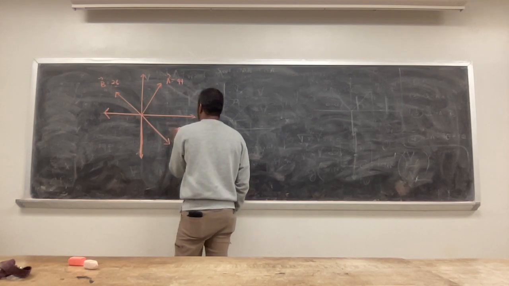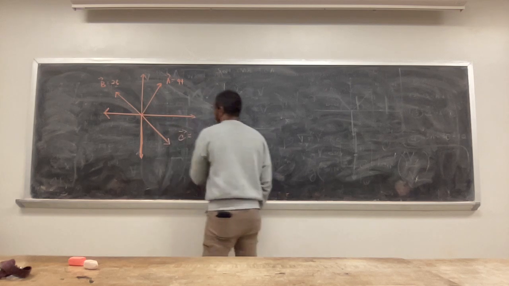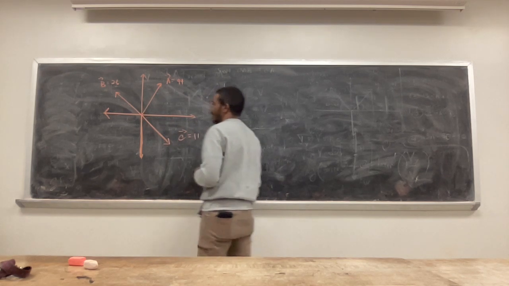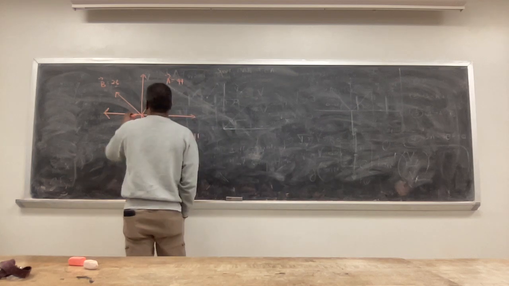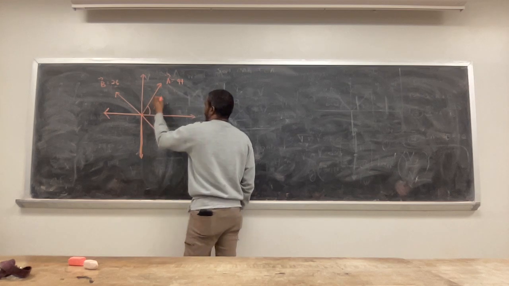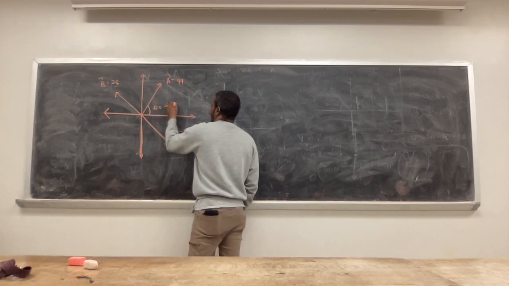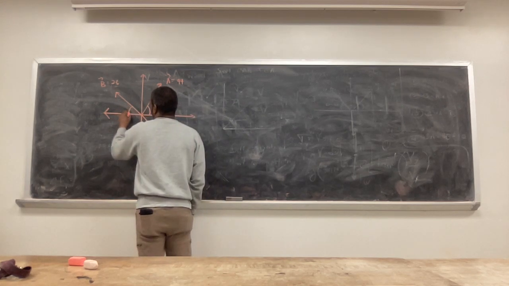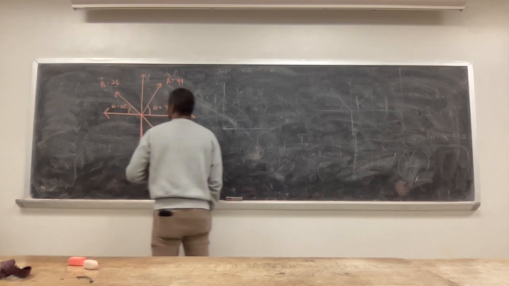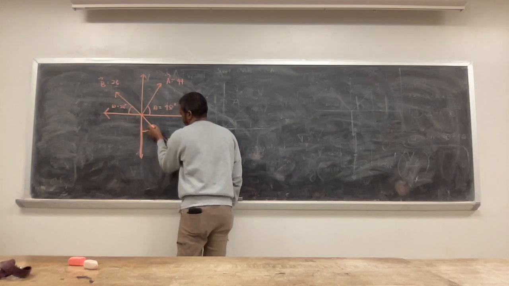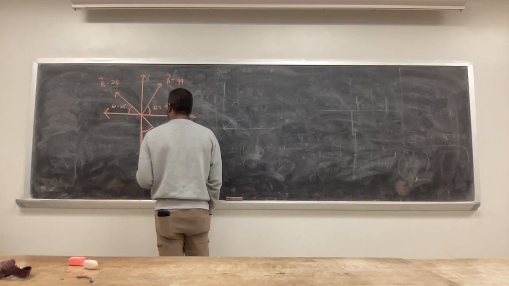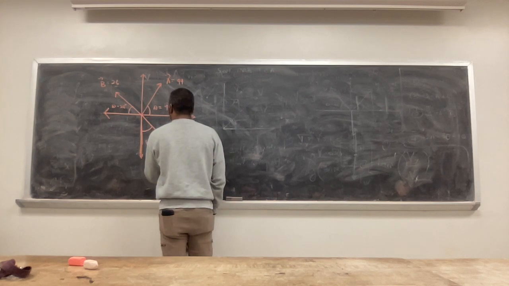We're gonna call it C, and we're gonna say it's 11 units long. Here theta is right around 48 degrees. Here theta is 25 degrees, and here theta is 35 degrees.